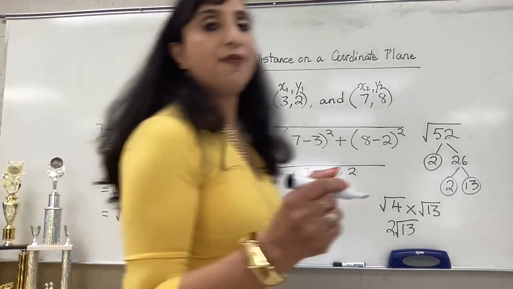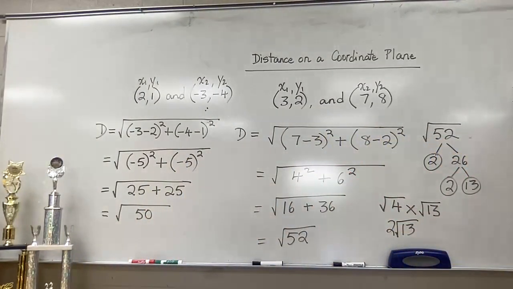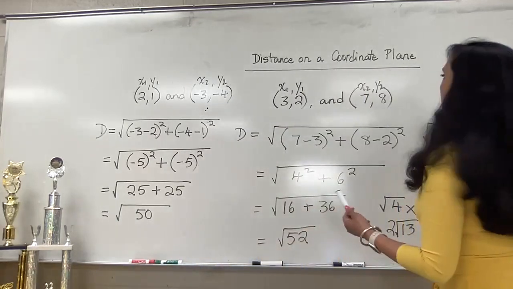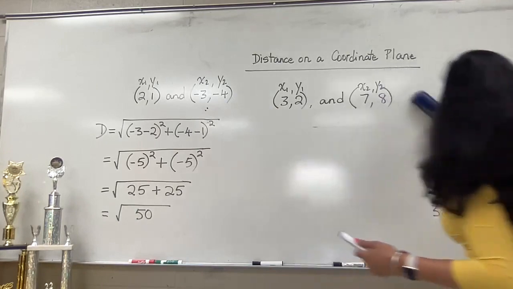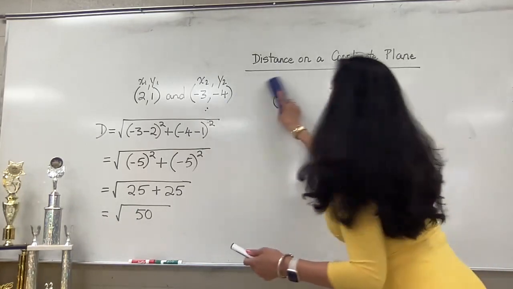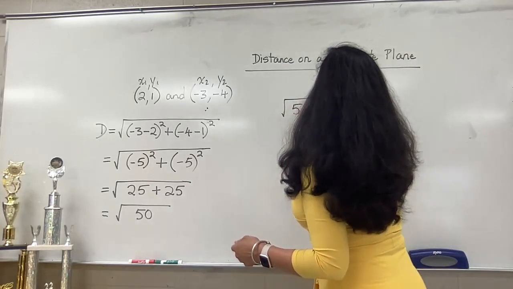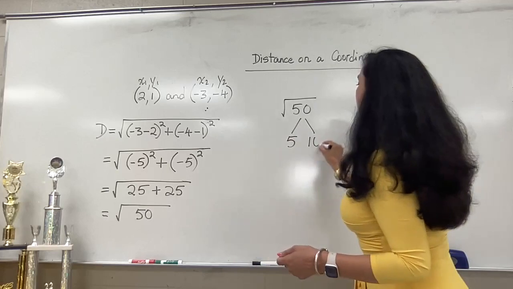In order to factor out 50, I'm again going to do the prime factorization. Actually, just looking at it I can see what those numbers will be, but I'm going to show it to you anyway. So for the square root of 50, I can get 5 times 10.